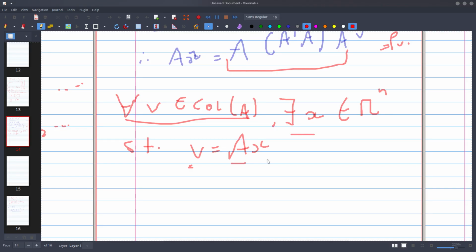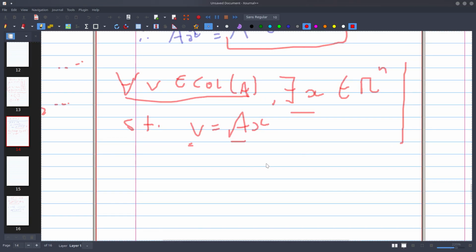I know it sounds redundant, but this is kind of how math is written, and that's what this expression is trying to say. And so you can look at it like this: P times b, well, we're just going to substitute in our projection matrix here. So A times A transpose A inverse, and then A transpose A x in this particular case, right?